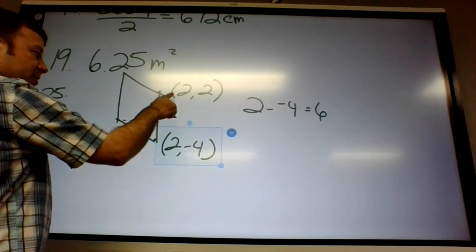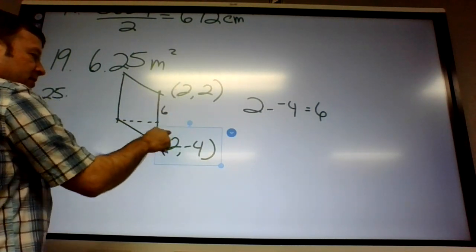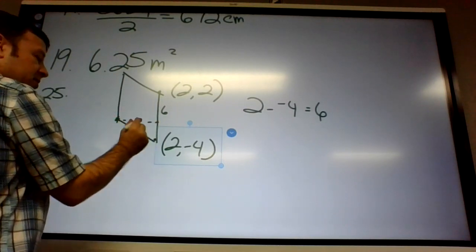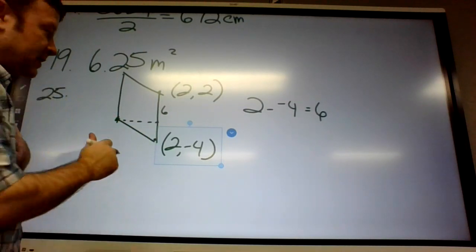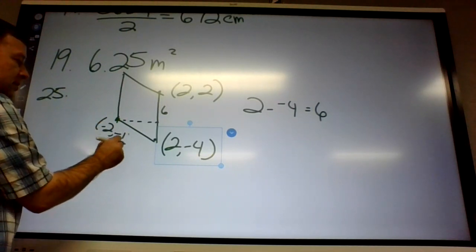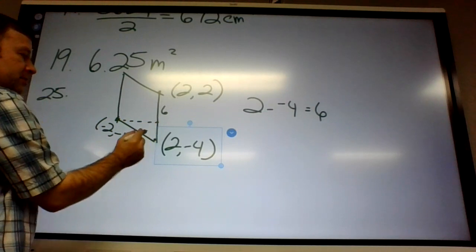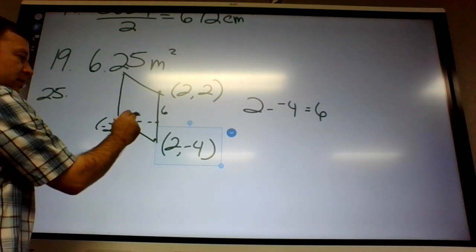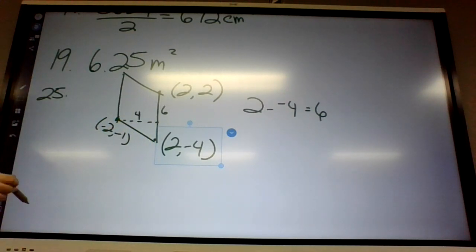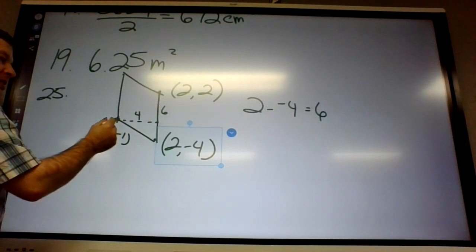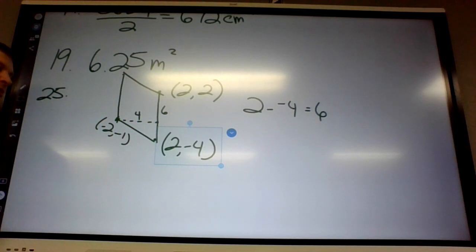Over here the x value is 2. On the left side the x value is negative 2. So how far is it from negative 2 to 2? 4. So the base is 6 and the height is 4.